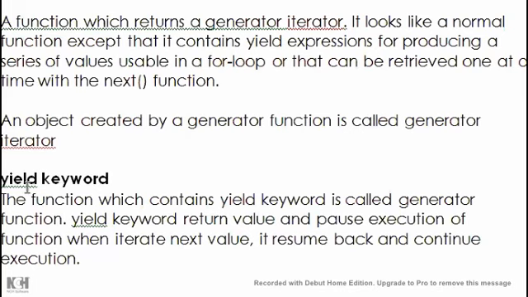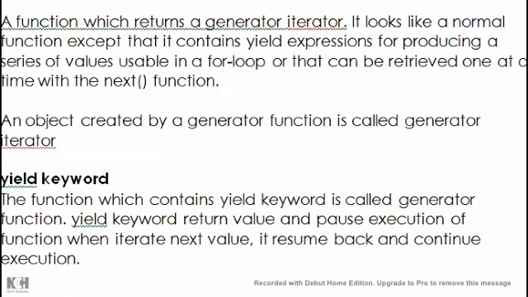That is done by the yield keyword. Not all functions are called generator functions. The function which contains the yield keyword is a generator function. If a function doesn't have the yield keyword, then you don't call it a generator function.